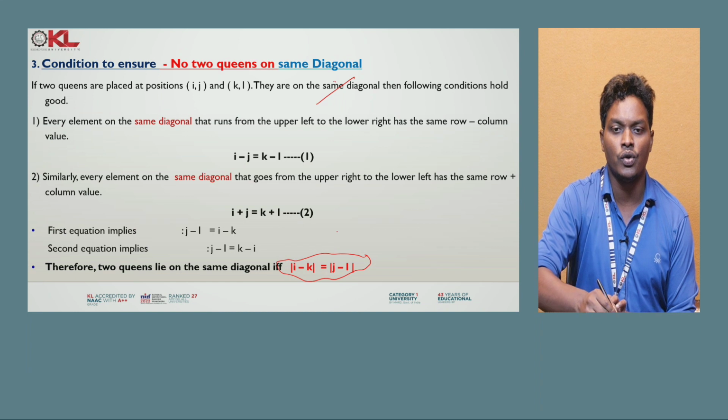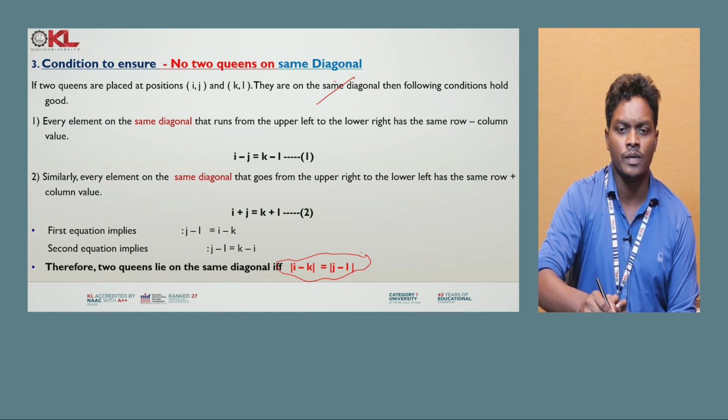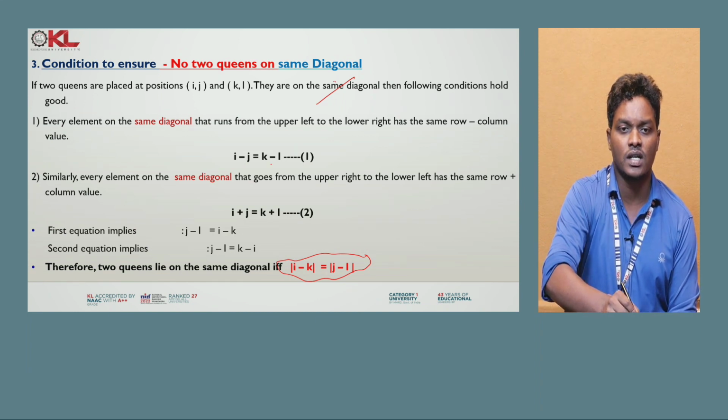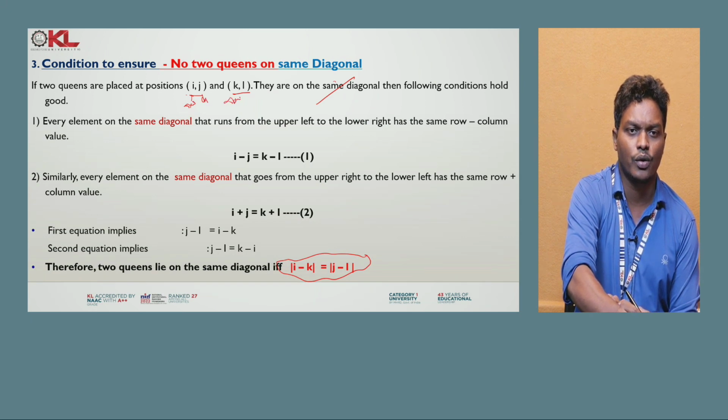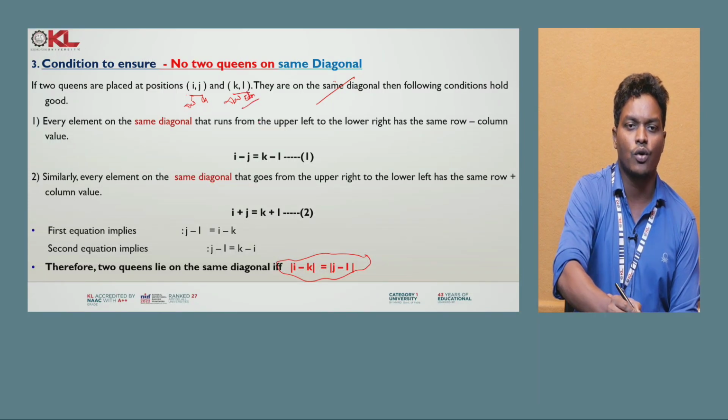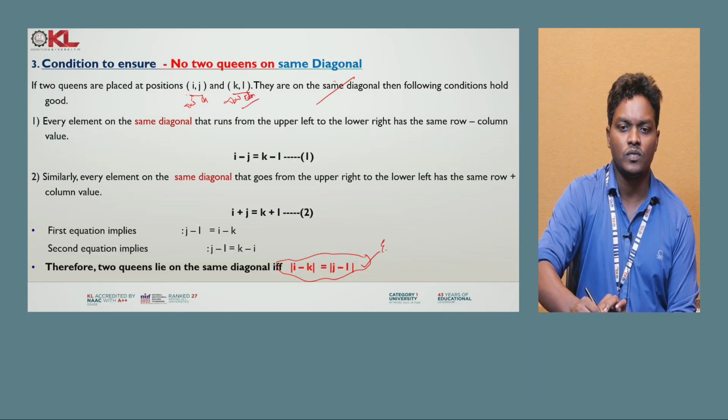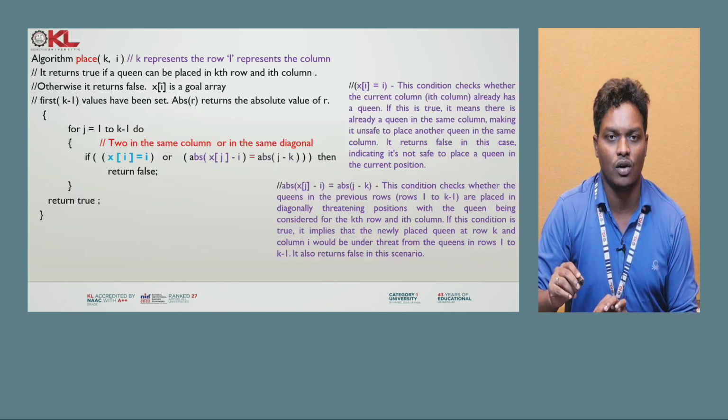That represents i comma j and k comma l: the ith row, jth column, and the kth row, lth column. By using this equation, we are going to check whether the 2 queens are diagonal or not.